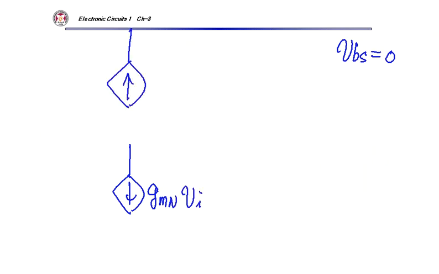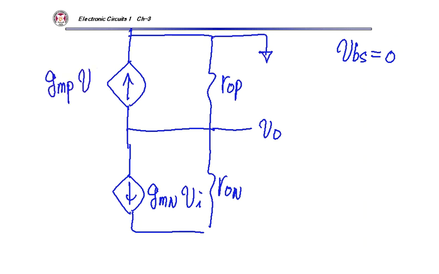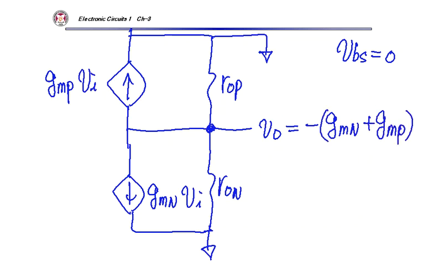You can see the PMOS characteristic looks like that. So this is my GMP Vi. So they are the same node. So my VO should be (GMN plus GMP) times Vi. This is current times resistance, so my voltage gain is pretty large.